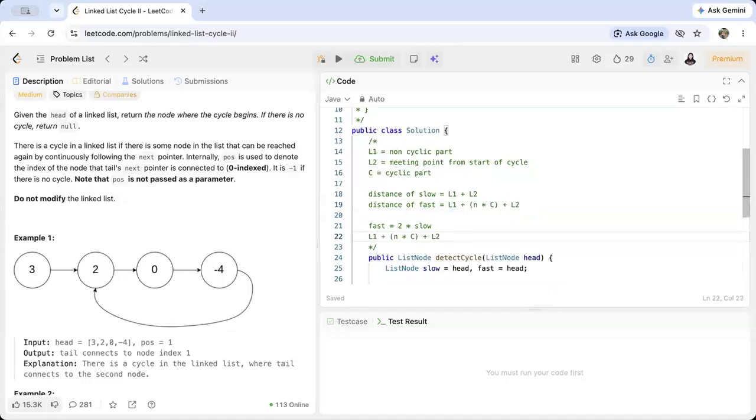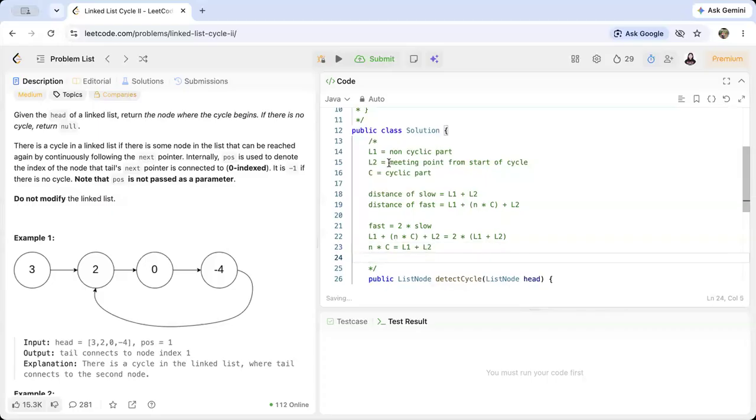And how much is the distance covered by slow? 2 into L1 plus L2, correct? So when we solve this equation, what do we get? L1 plus L2 gets crossed out. So what are we left with? We're left with N cross C is equal to L1 plus L2, right?